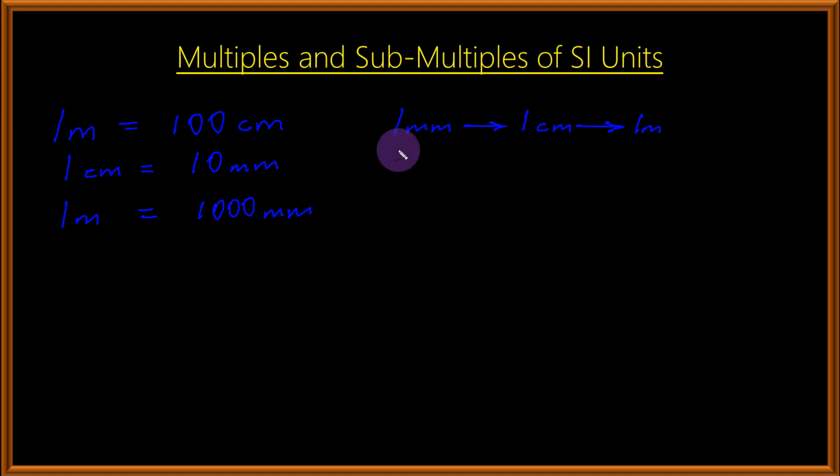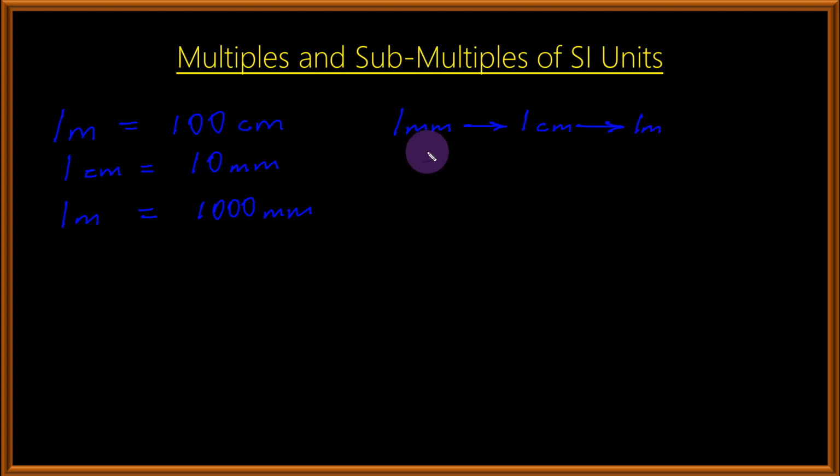That is, if we were to arrange 1 millimeter, 1 centimeter, and 1 meter in terms of increasing size. In fact, there are 10 millimeters in 1 centimeter and 100 centimeters in 1 meter.